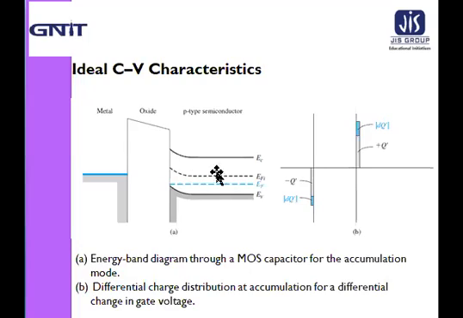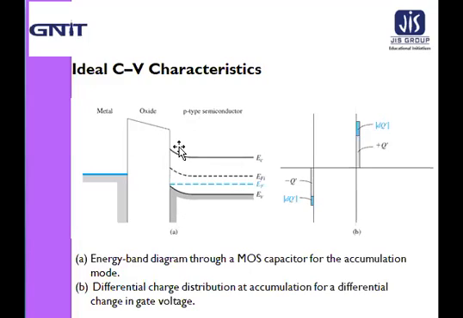Initially, we will assume that there is zero charge trapped in the oxide, and also that there is no charge trapped at the oxide semiconductor interface.